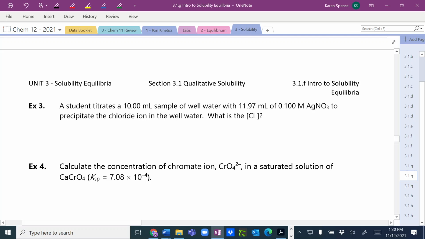What is the concentration of chloride? Chat with your partner, decide what you think. We're going to vote on this one. Are we going to use a precipitation equation or a solubility equilibrium?